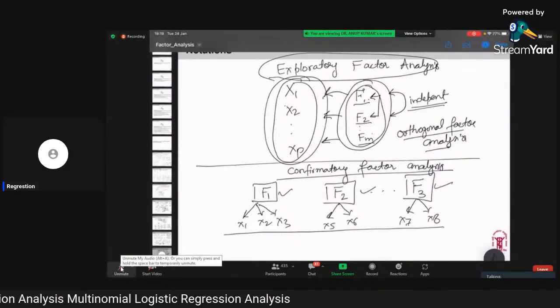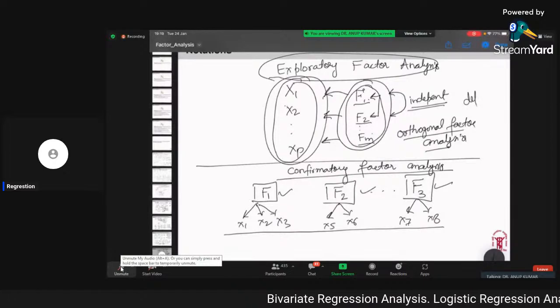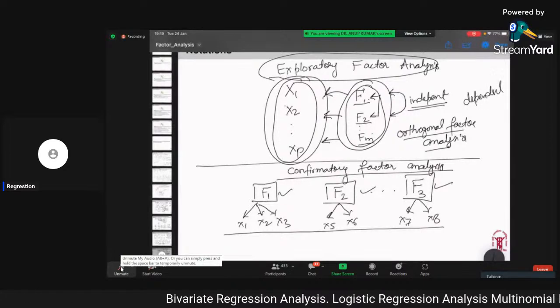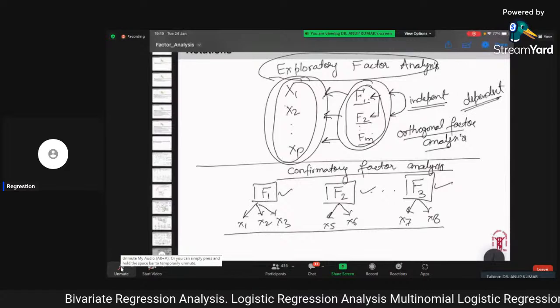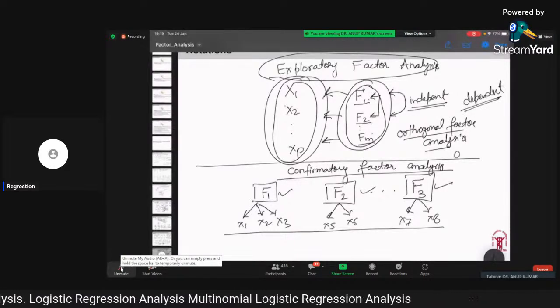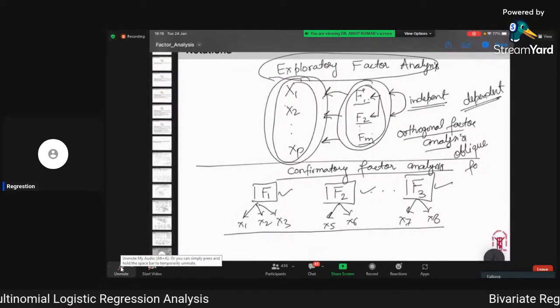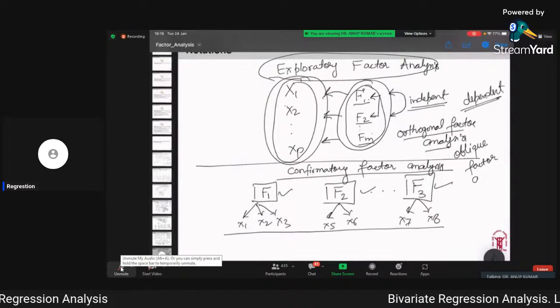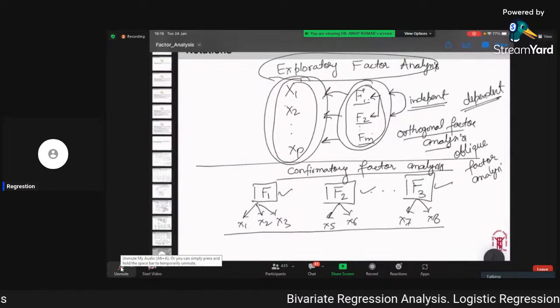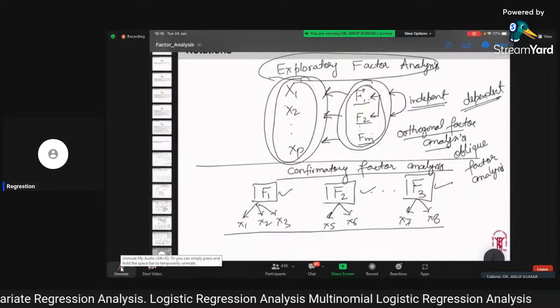But if there is a relationship between these factors, if they are not independent, if they are dependent, then the factor analysis is termed oblique factor analysis.